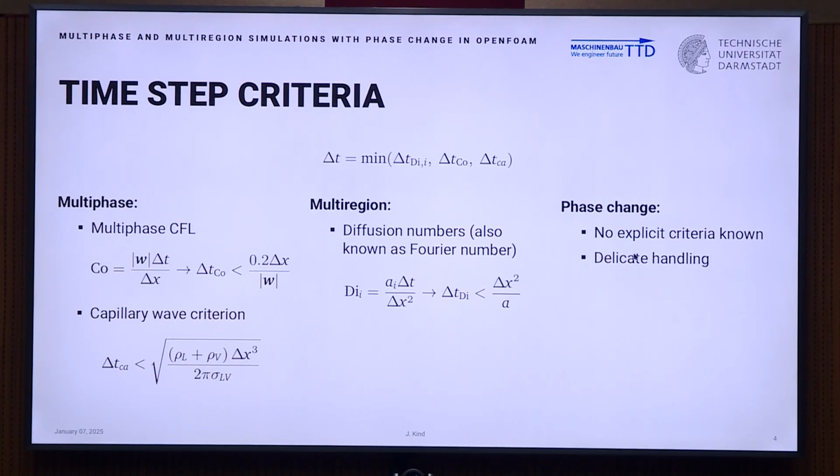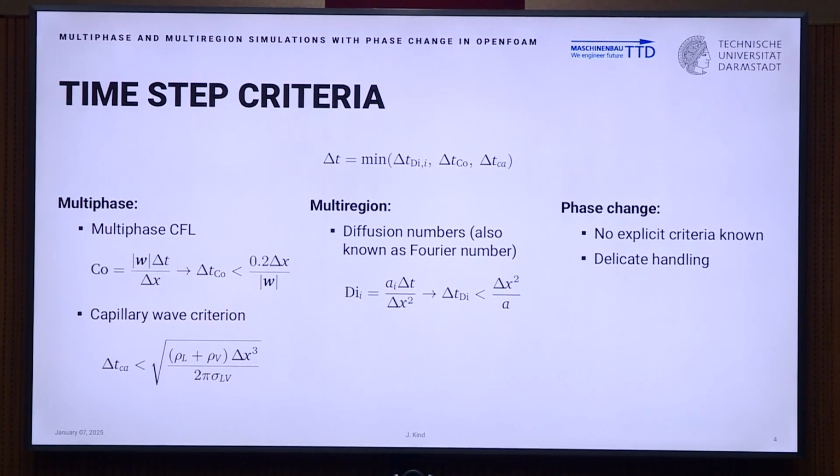If you analyze the dependencies, for the Courant number, you have just a linear relation with the cell size. Here you have the power of 3/2, and here you have squared. And this is one of the reasons why it's very costly to refine your mesh, because these time step criteria will hurt. And from experience, in Darmstadt, I have excellent computing possibilities.